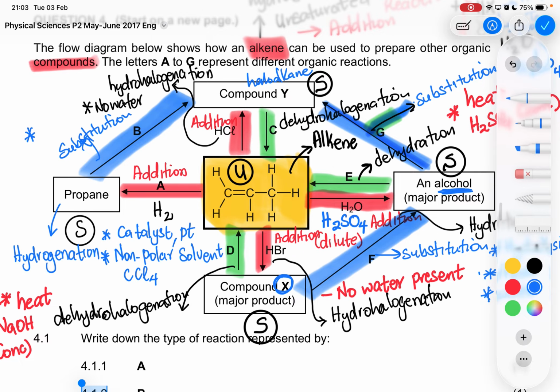So now, from propane to haloalkane, what type of substitution is this one? What type of substitution is this one from an alkane to a haloalkane?